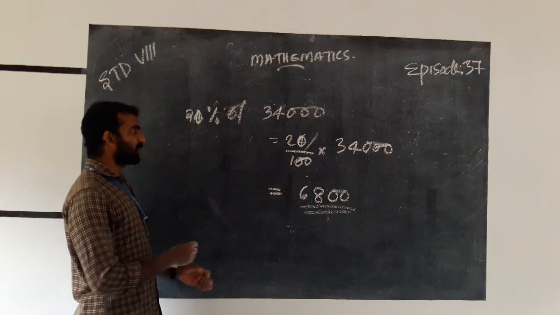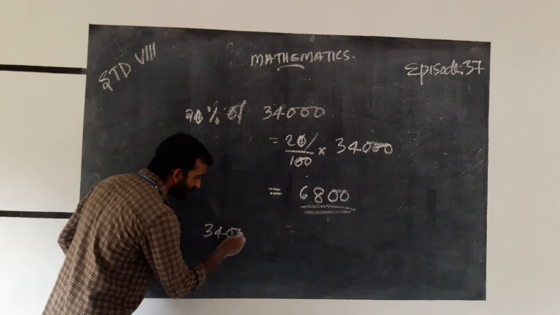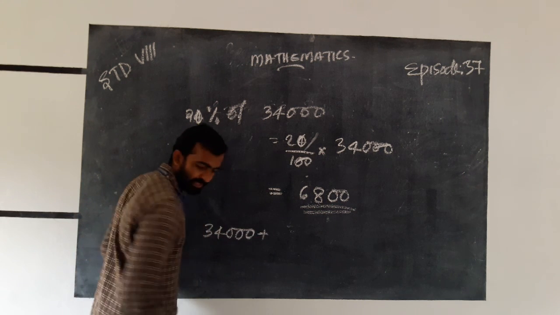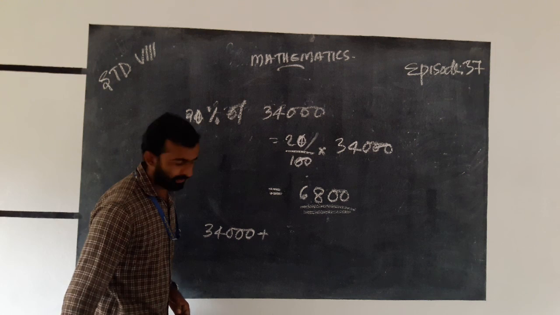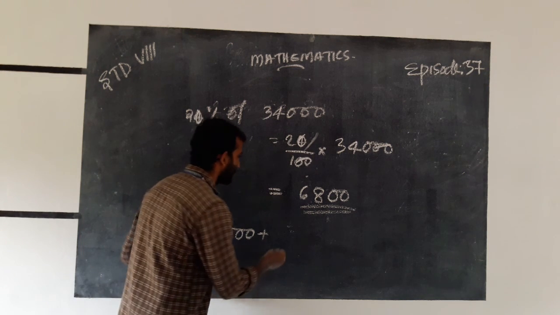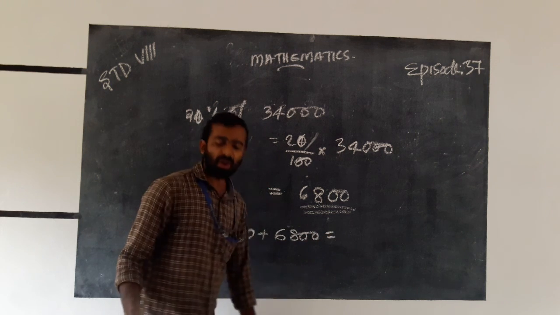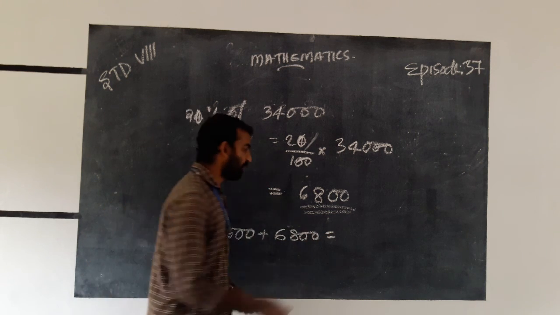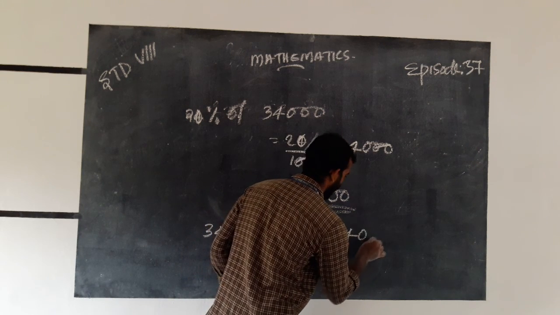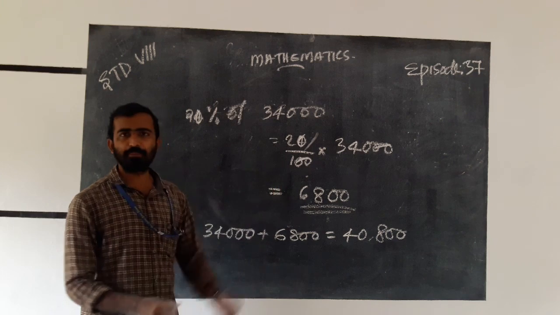This year the price of the scooter is 34,000 plus 6,800. What do we get? We get 40,800. This is one way.